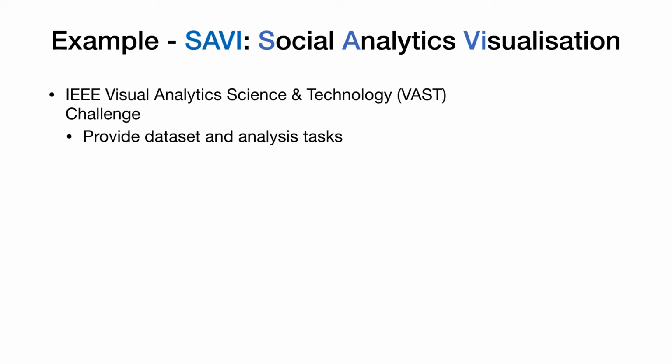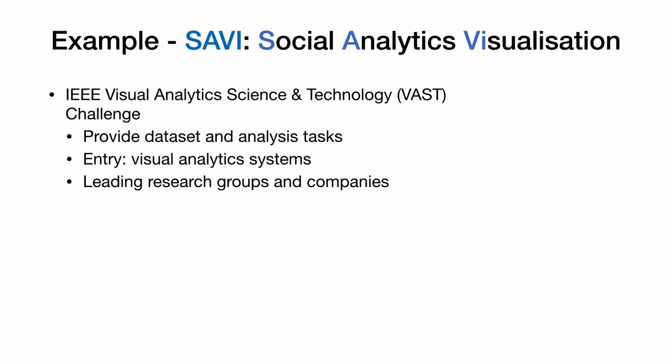The challenge provides you data and analysis tasks. You need to design and implement visual analytics tools to answer those analysis tasks. This challenge is participated in by leading research groups around the world and companies doing data analysis.